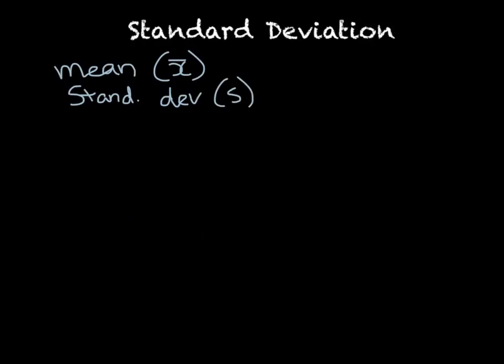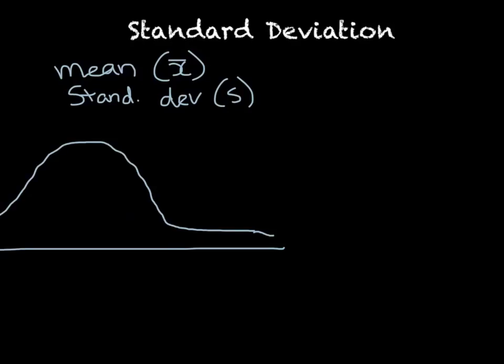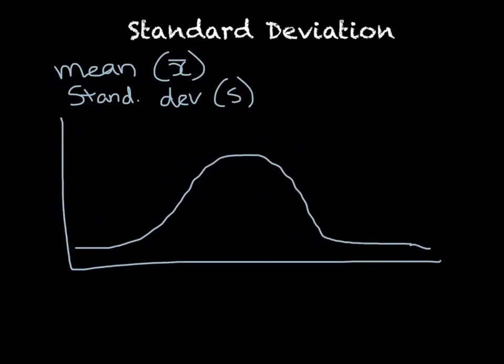So let's look at a picture of our normal curve. The point exactly in the center is the mean. And then we can go to the left or right and add standard deviations.